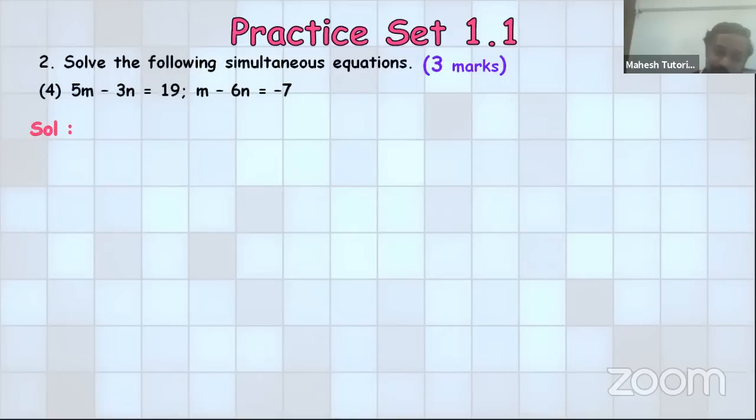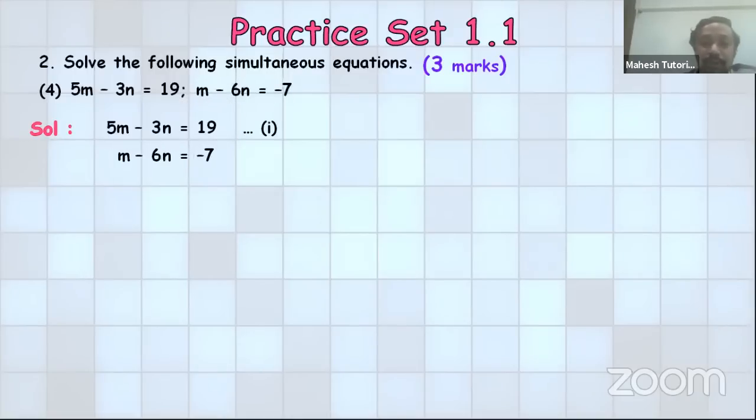Number them. Perfect. Let us consider the first equation. Is this equation present in its basic form? Very good. So we'll number it as equation 1. Second equation. Is this equation present in its basic form? Perfect. Yes. So we'll number it as equation number 2. So my first step is complete.